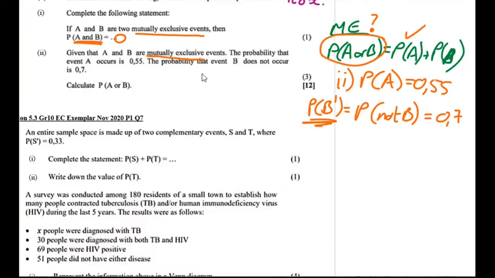Okay, so I want you to either type in the answer for the probability of B or an explanation of how you would get the probability of B. That is going to be my first thing because all I've got at the moment is the probability of not B.